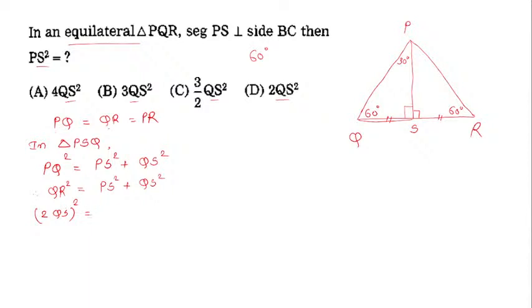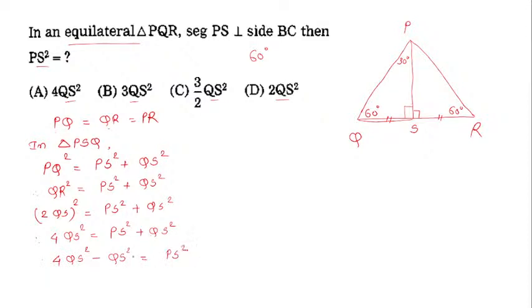That is equal to PS square as it is, because we need the value of PS square, plus QS square. Now here 2 into QS square, square of 2 is 4, and QS square, that means 4 QS square is equal to PS square plus QS square. Now if we take QS square to the left hand side, it will be minus, that is 4 into QS square minus QS square is equal to PS square.